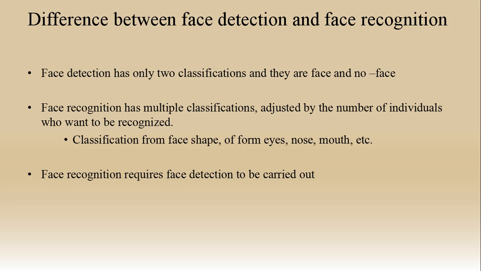Some more on differences between face detection and face recognition. Face detection, as mentioned earlier, has only 2 classifications, that is, a face or no face. But that's not the case with face recognition.